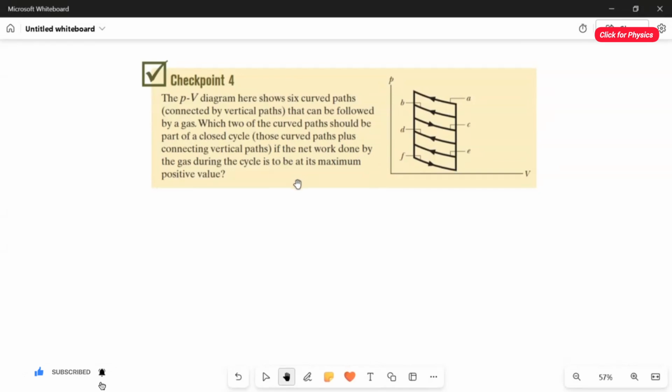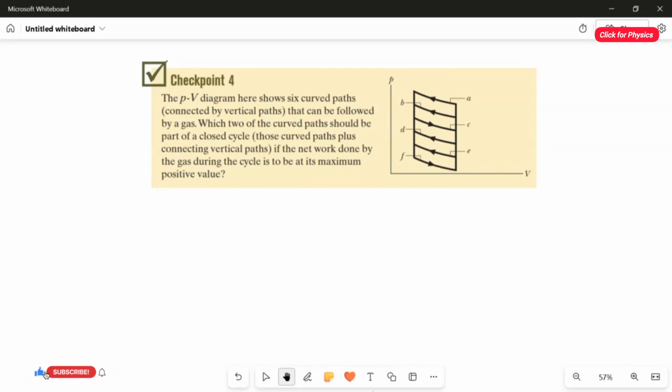So the closed path must have the maximum value, that means positive work done. To get the maximum net work done, you have to find the maximum area inside the loop, or inside the closed path.